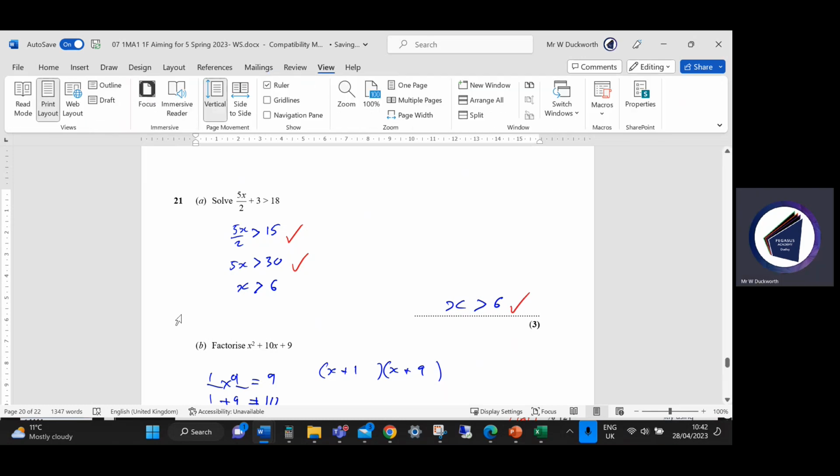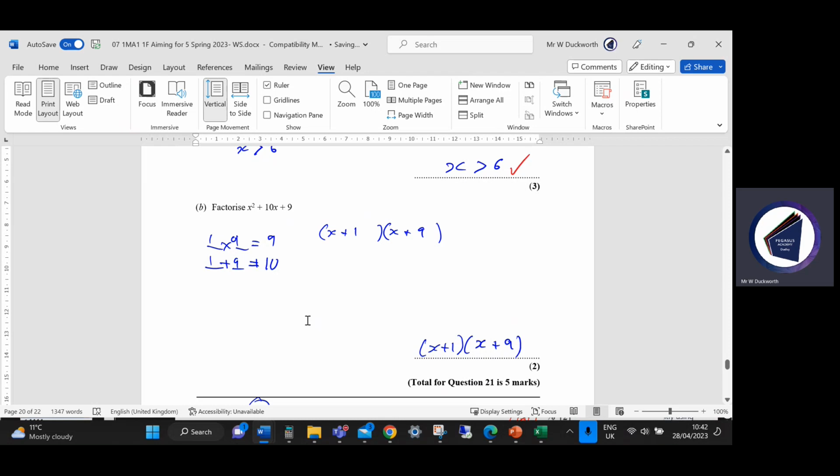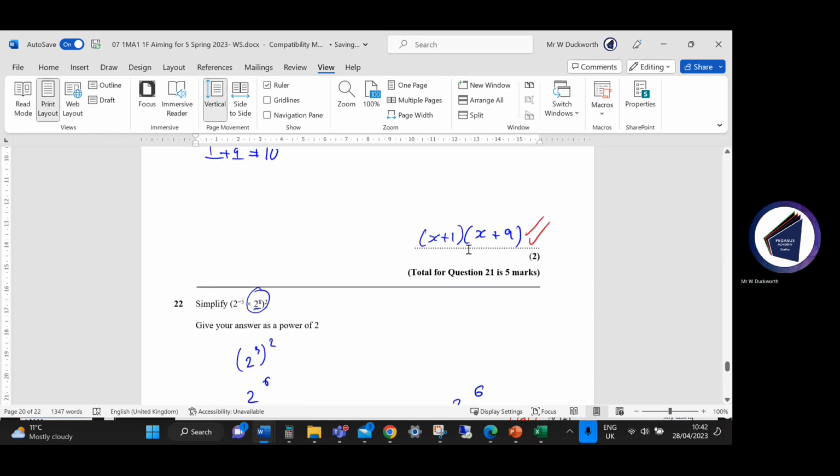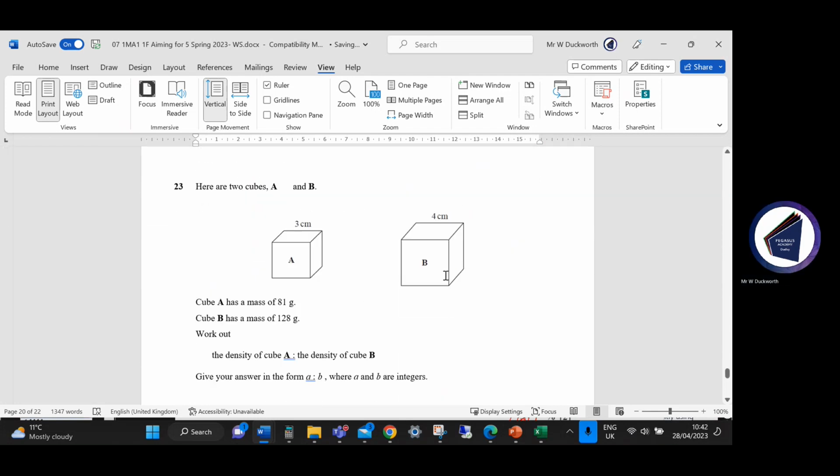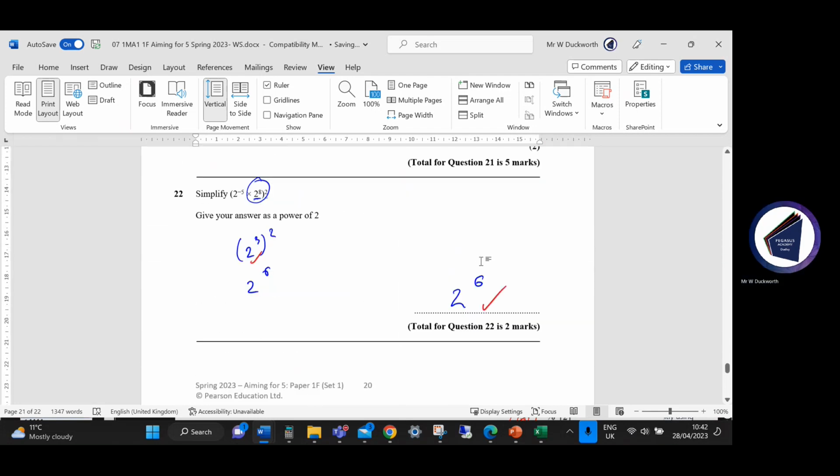And then for the factorizing question, it is 2 marks, having it in the right format. And for this one, M1 for simplifying the middle terms, and A1 for the answer.